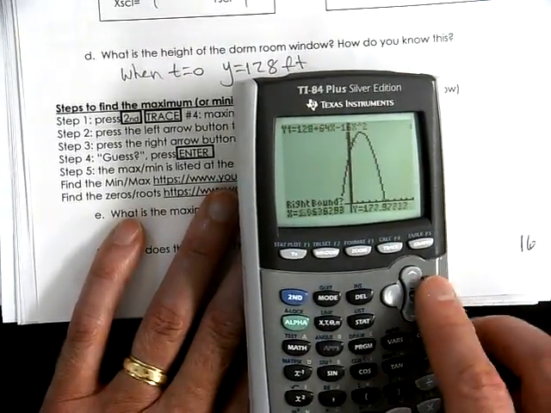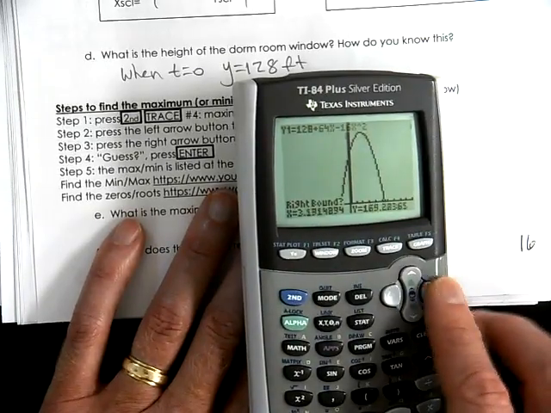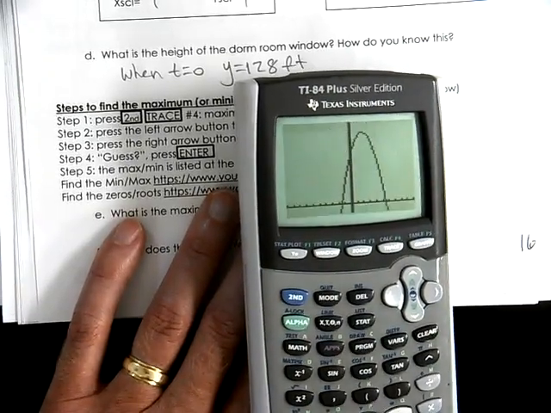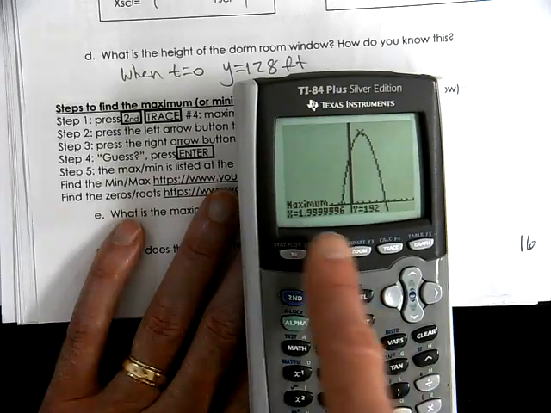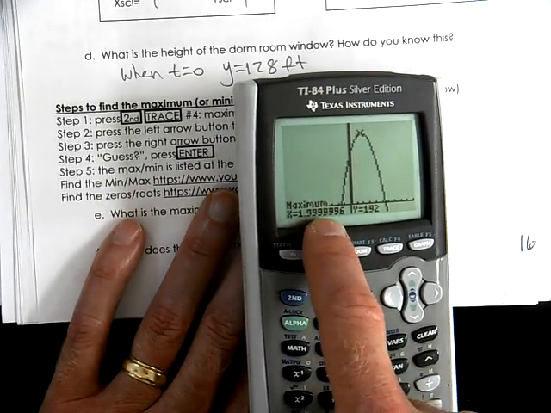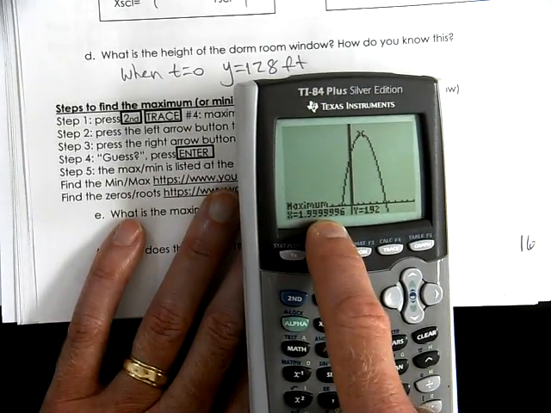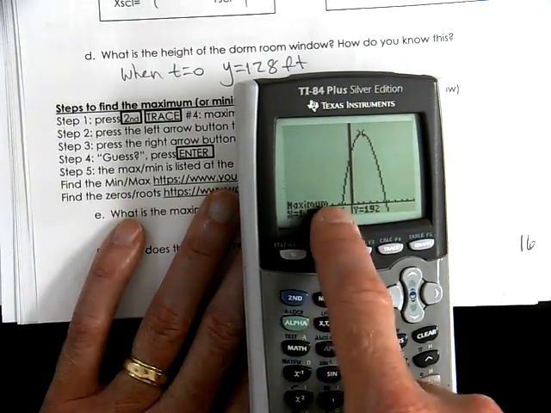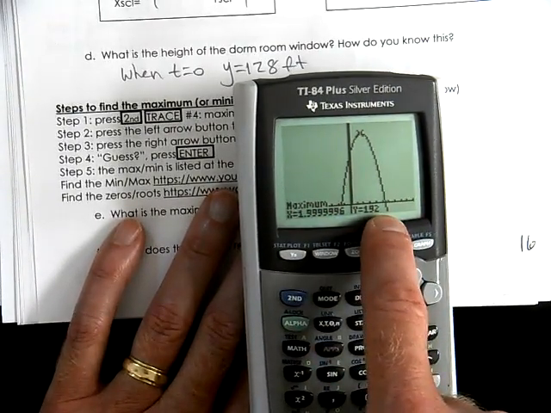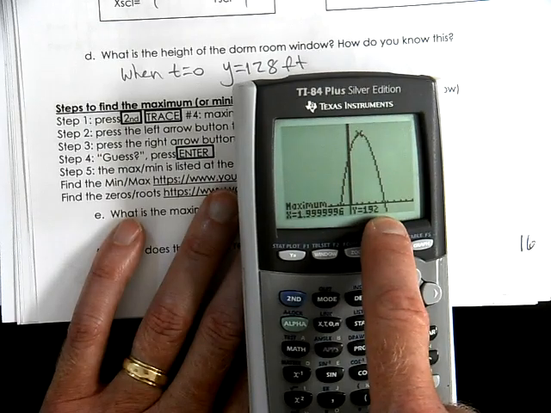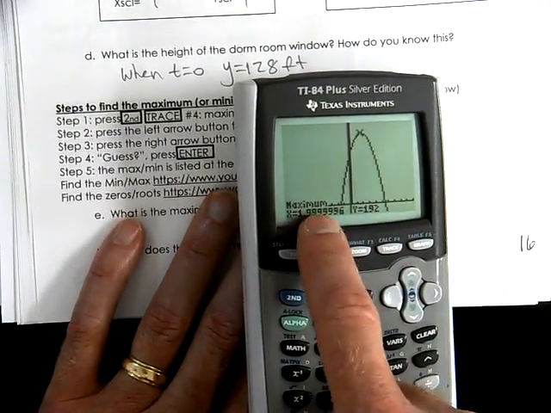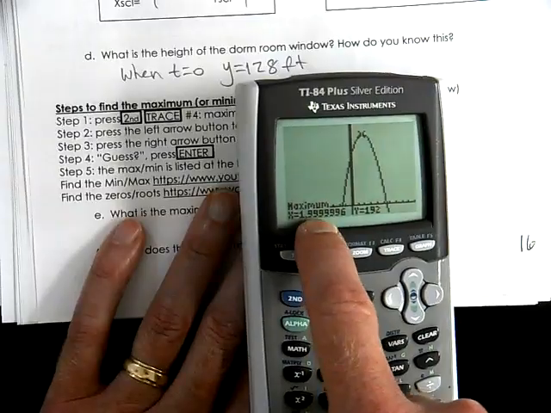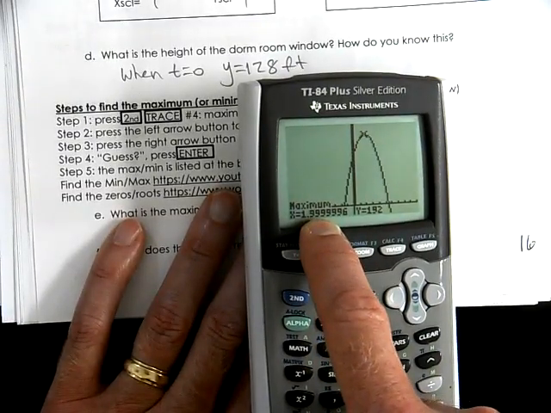I pick there. I pick there and guess. Up there. This time I got 1.999. Okay? So this is a super approximation, but this is the exact answer. So you need to understand that the line of symmetry is not almost 2, it's exactly 2.